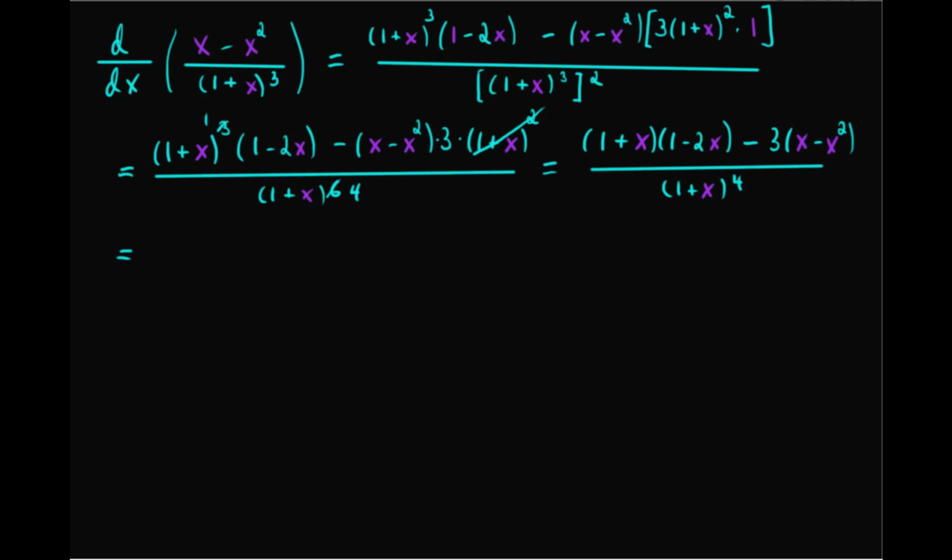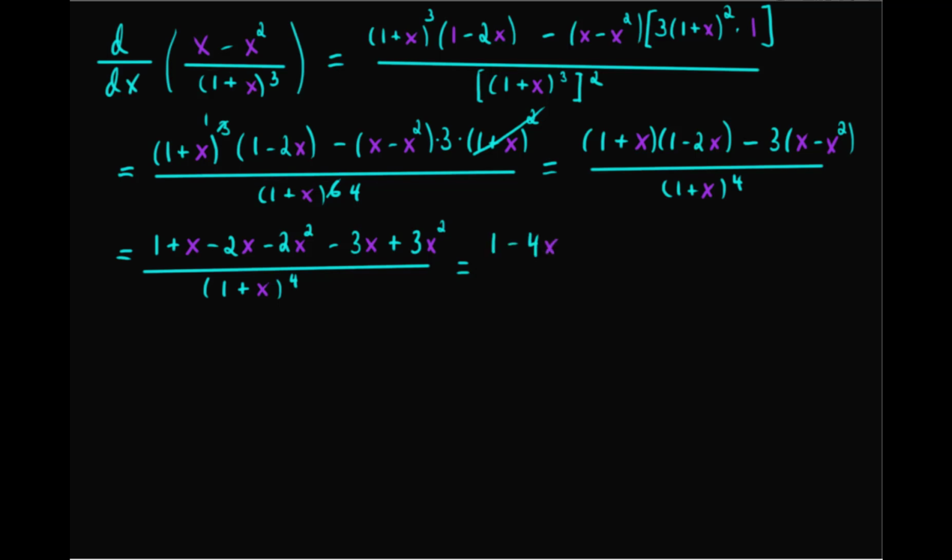And now when I expand the terms in the numerator, I have 1 + x - 2x² - 3x + 3x², all over (1 + x)⁴. And now combining like terms, this expression equals (1 - 4x + x²)/(1 + x)⁴.